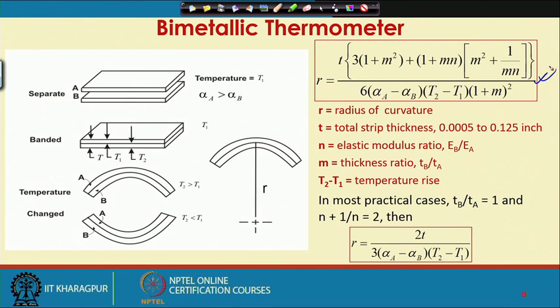Here R is radius of curvature, T is total strip thickness. So, total strip thickness usually varies between 0.0005 to 0.125 inch.